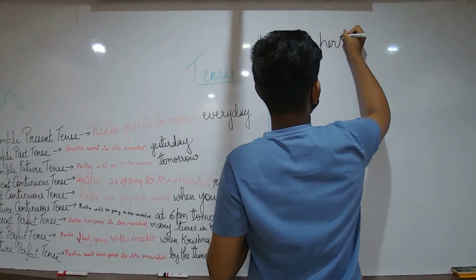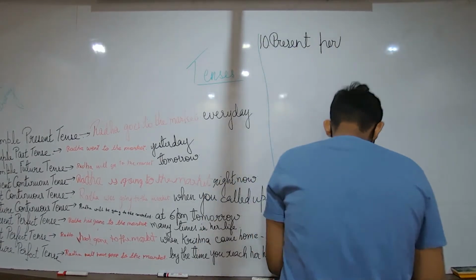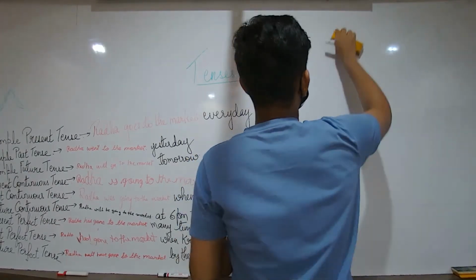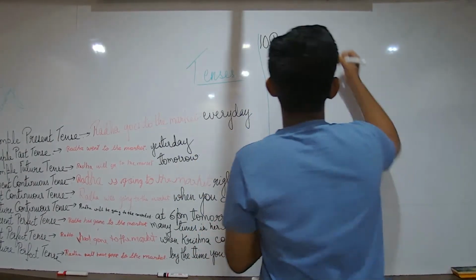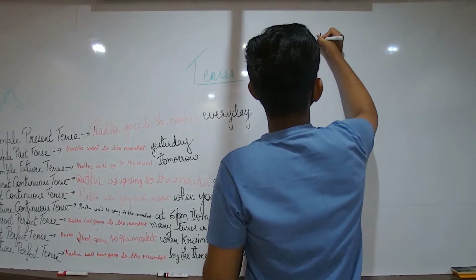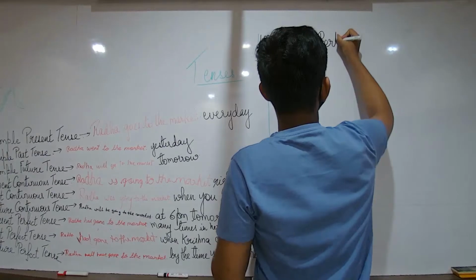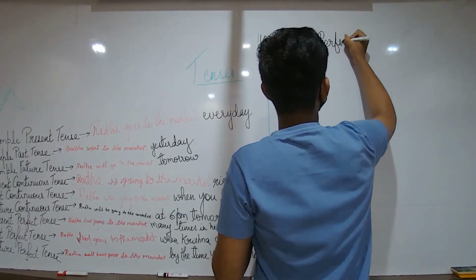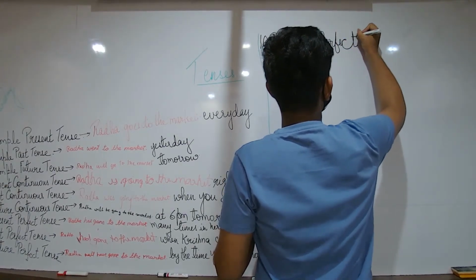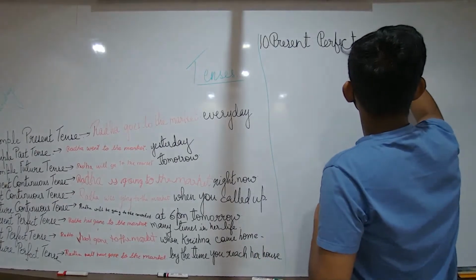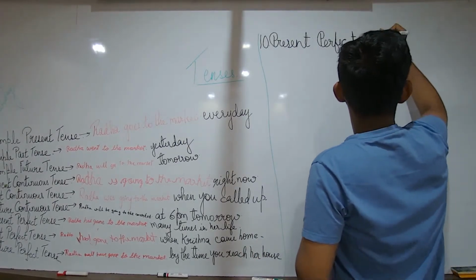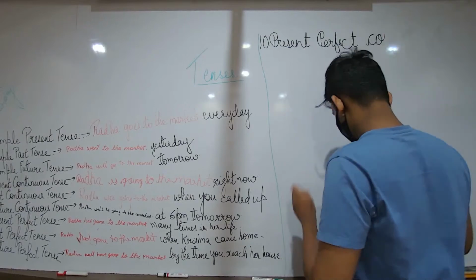P should be capital. C will also be capital, na beta?